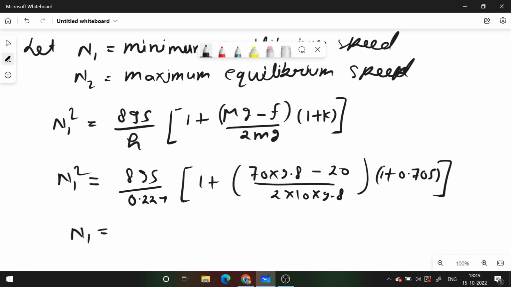N1 is equal to 164.8 rotation per minute. Okay.